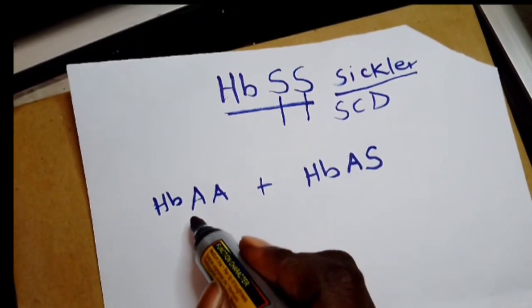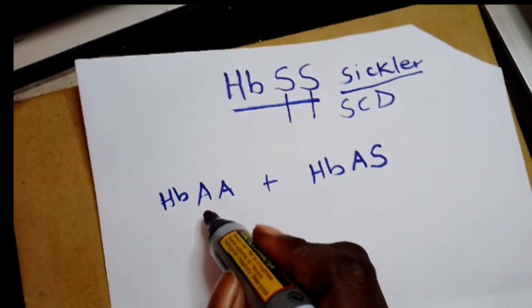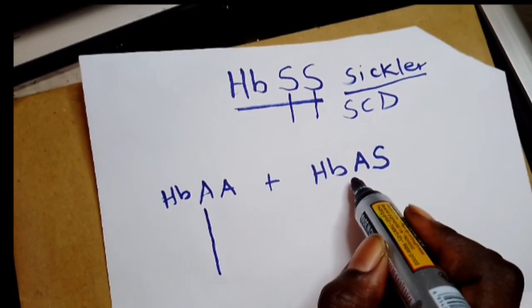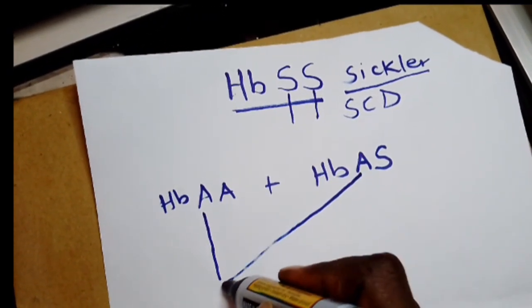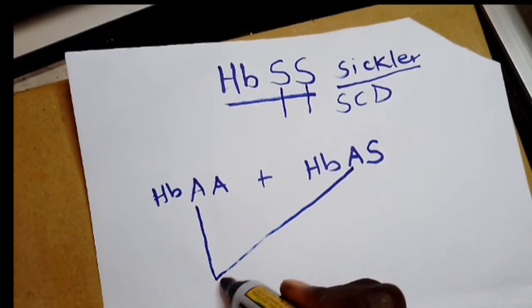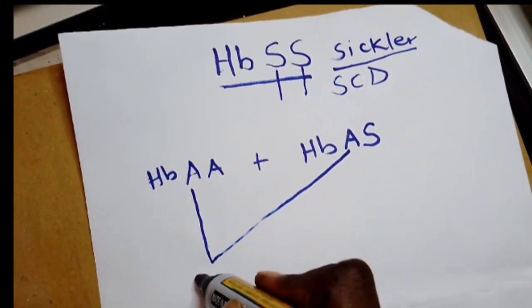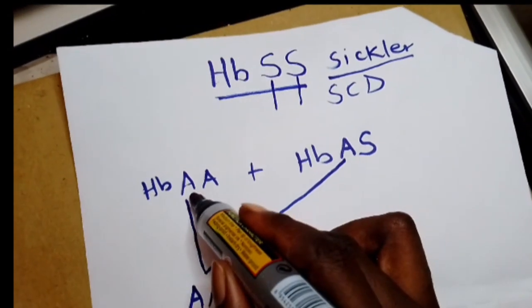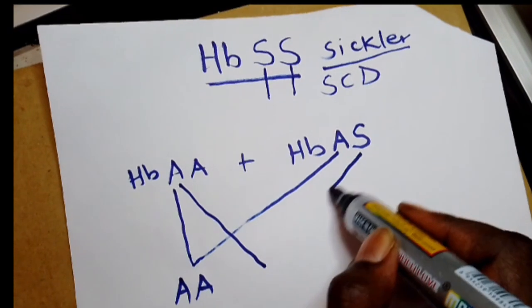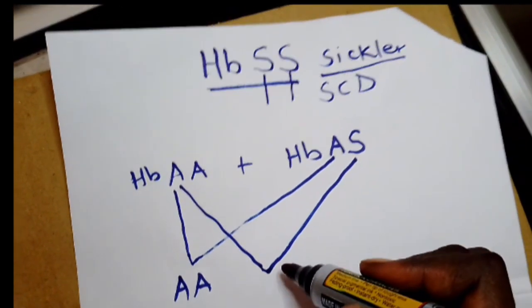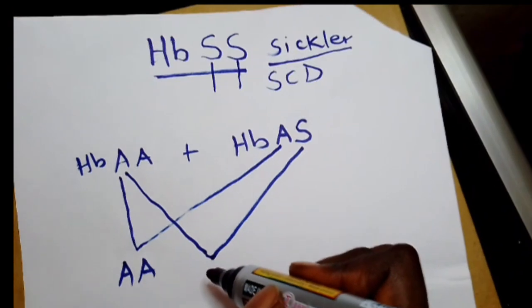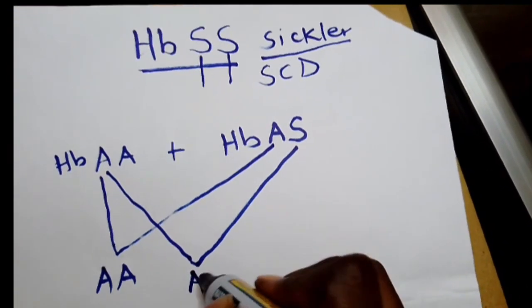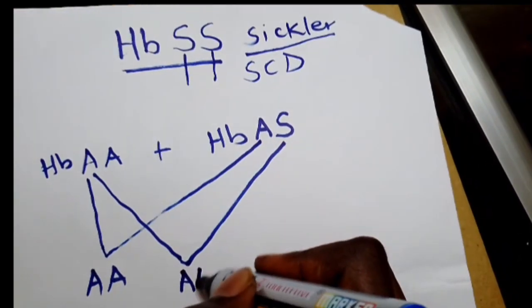If this parent gives us the normal hemoglobin A and it meets with the other parent's hemoglobin A, all we can have is a normal hemoglobin. If this parent gives us the normal hemoglobin A and another parent gives us the sickle cell hemoglobin, you will see that we will have this A and this S meeting up.